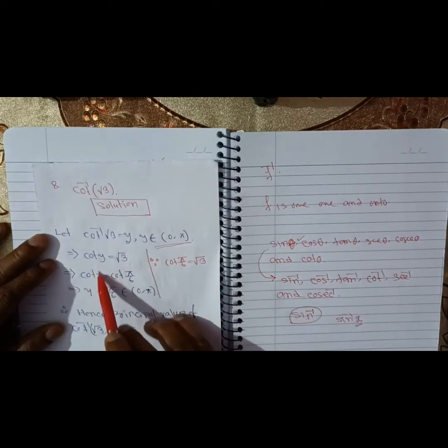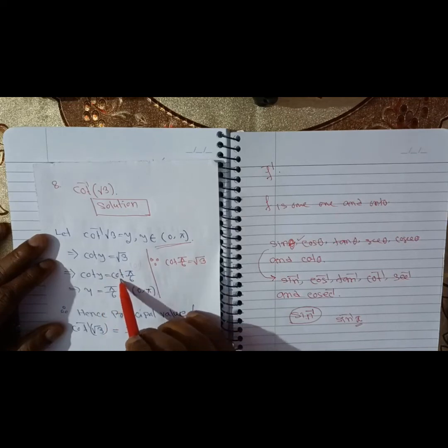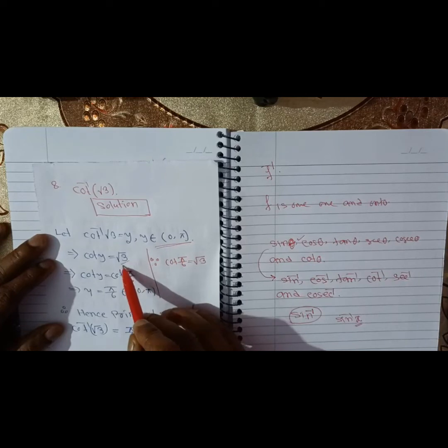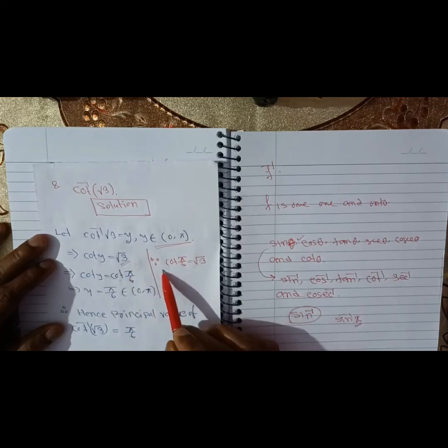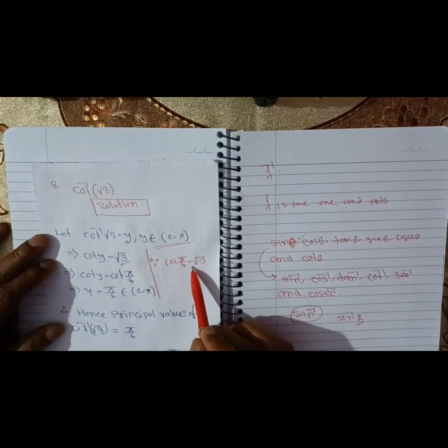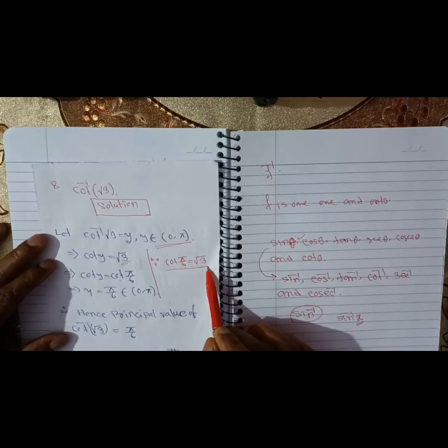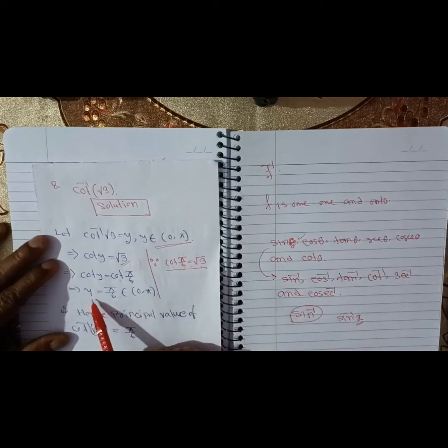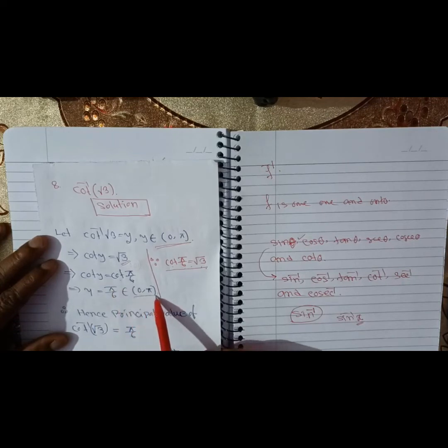This implies cot y is equal to cot pi by 6. In place of root 3, we can write cot pi by 6, since cot pi by 6 equals root 3, which is found in class 10 from the table. This implies y is equal to pi by 6, which belongs to this interval.